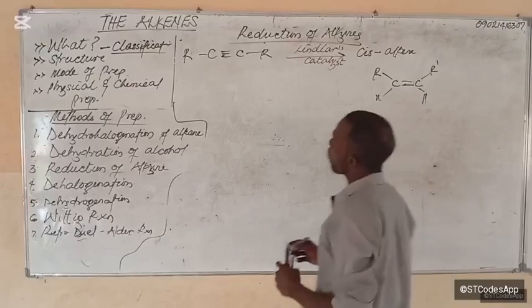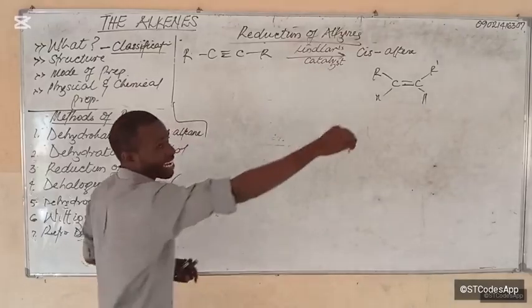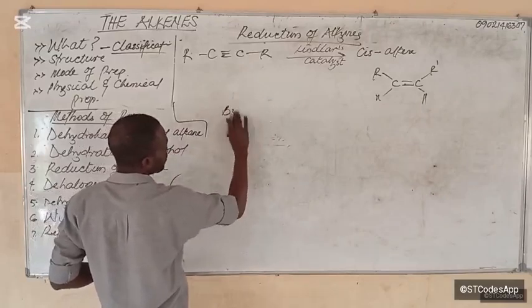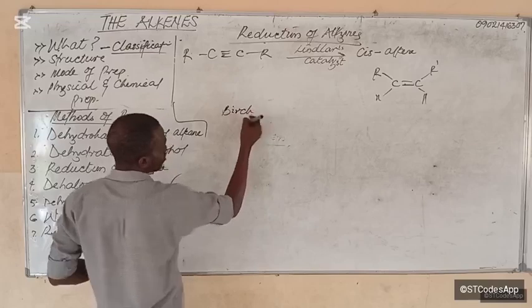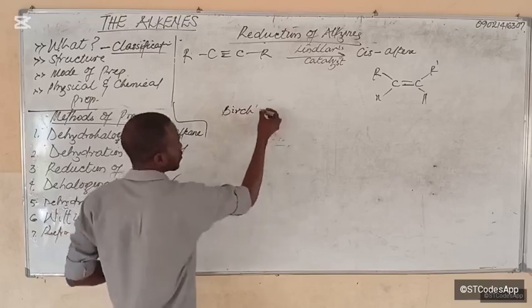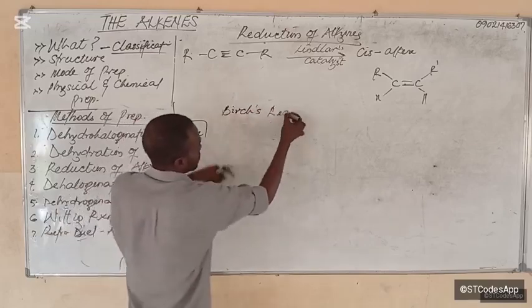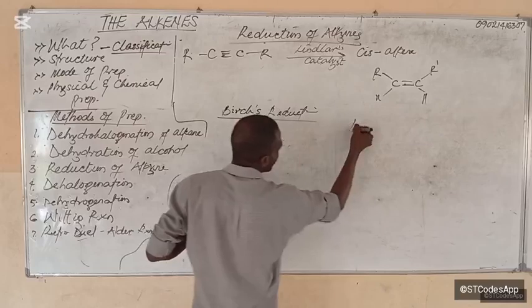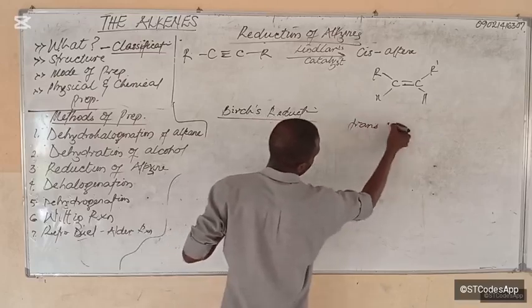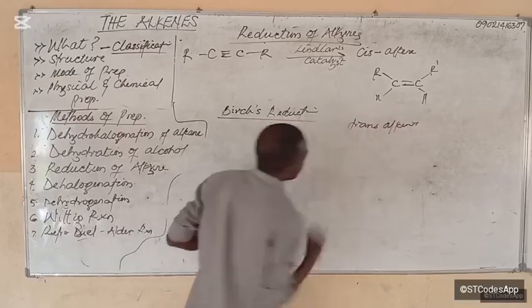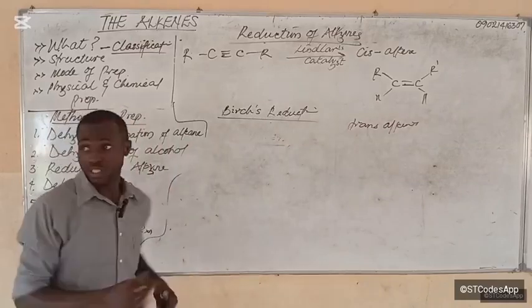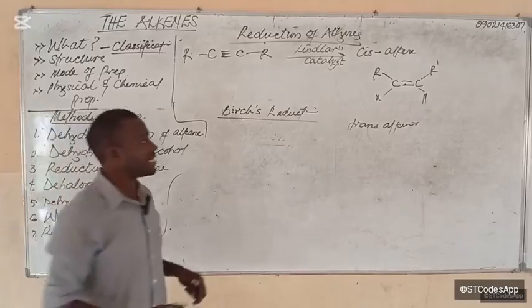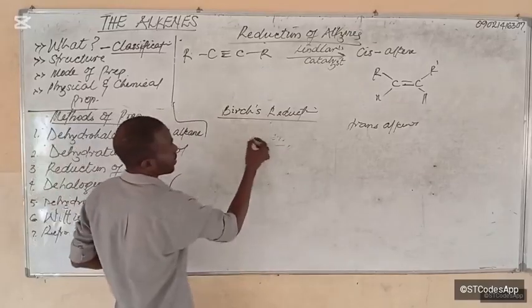Now this is using Lindlar's catalyst, but using the procedure that goes with Birch reduction, this is another scientist, Birch reduction forms a trans alkene. It forms what? A trans alkene. And what is Birch reduction?